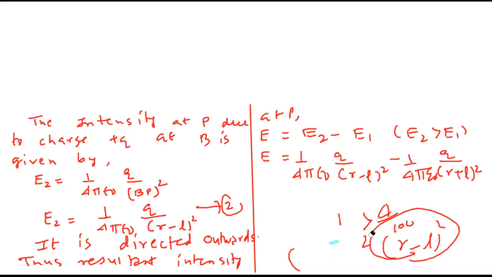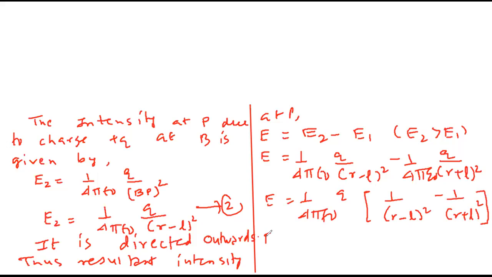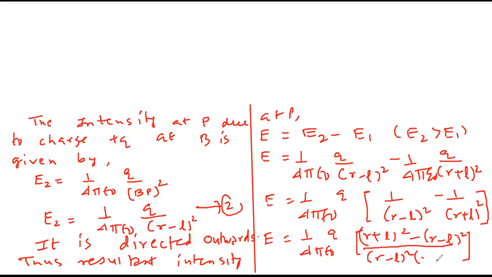Taking 1 upon 4 pi epsilon Q common, E equals 1 upon 4 pi epsilon naught Q in bracket 1 upon (R minus L) square minus 1 upon (R plus L) square. So E is 1 upon 4 pi epsilon naught Q, (R plus L) square minus (R minus L) square, upon, I just cross multiplied, (R minus L) square into (R plus L) square.